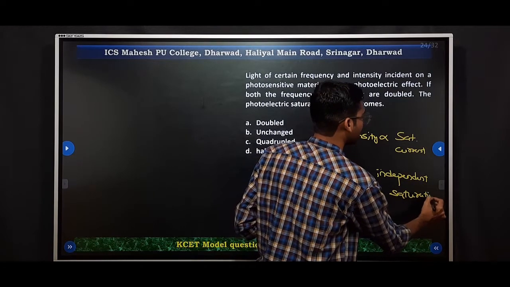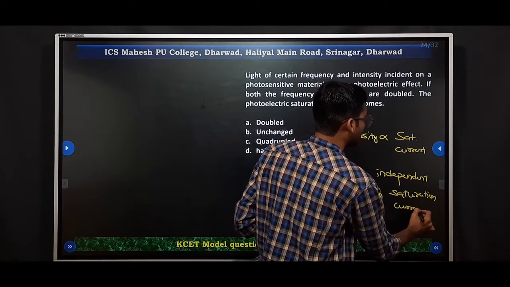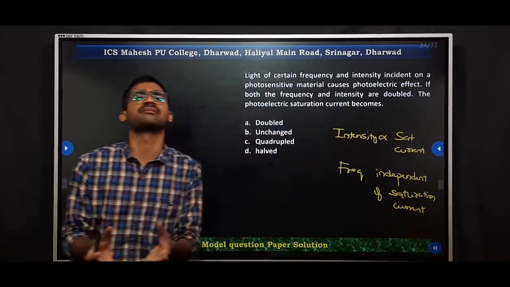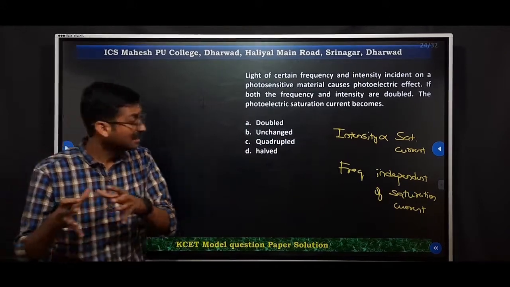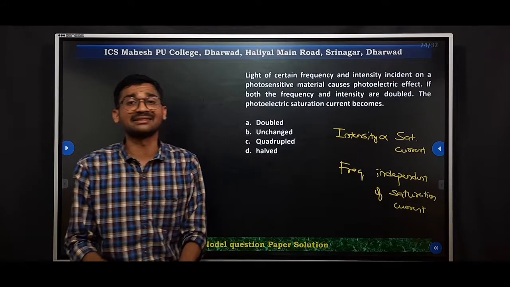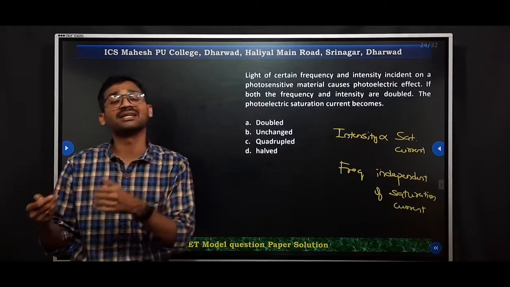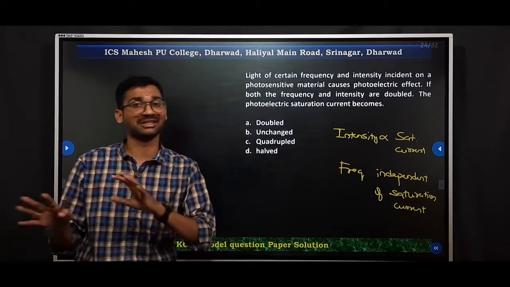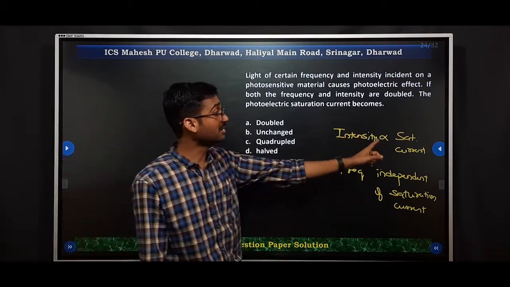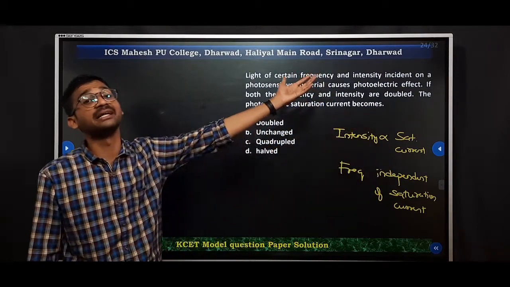That is, on changing the frequency, the saturation current doesn't show any variation. So even if we increase or decrease the frequency, there is no problem with the saturation current, it remains the same. But for the intensity, it will be doubled.